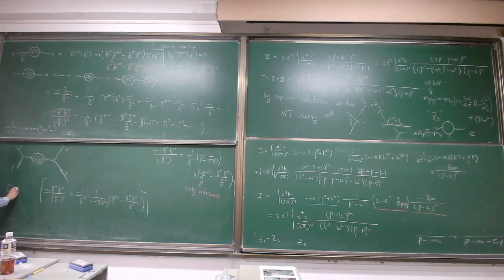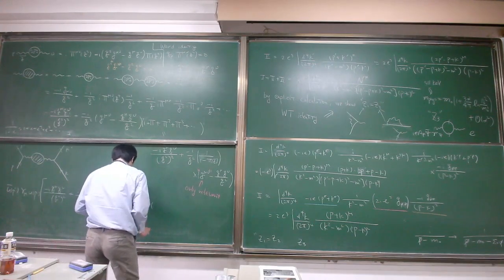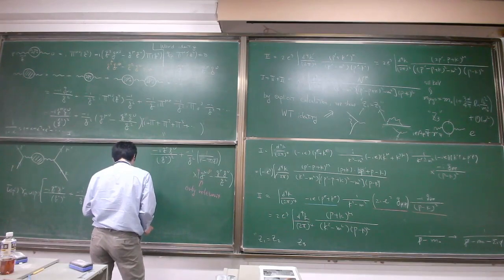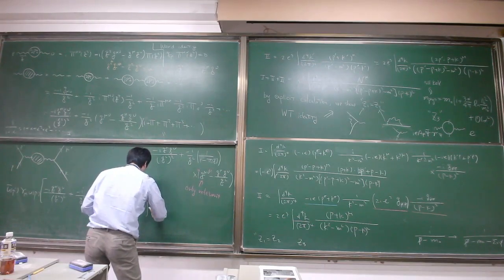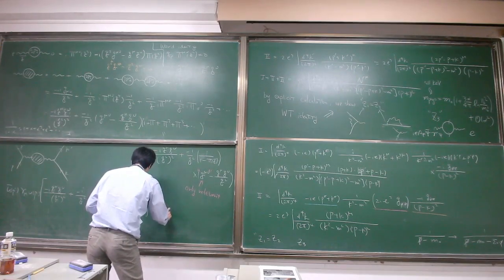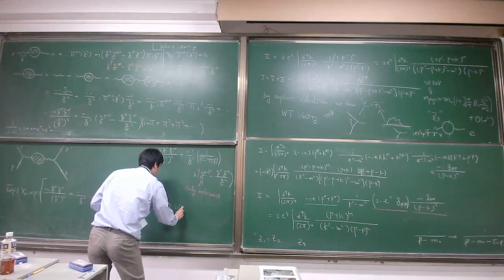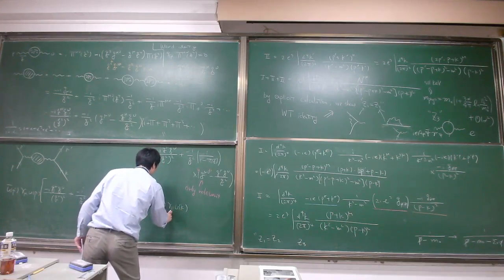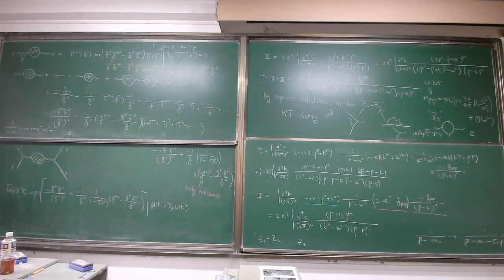So here we have something like u bar of p prime gamma mu u of p, and u bar of k prime gamma nu u of k. Okay, that's this diagram. We know this q is equal to p minus p prime, which is equal to k prime minus k, by momentum conservation.